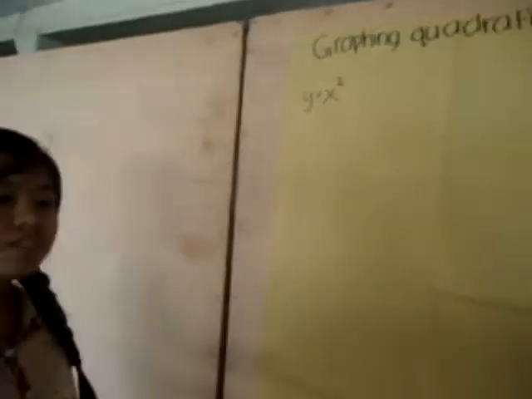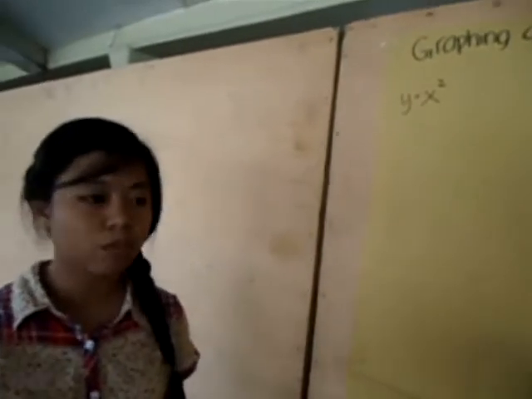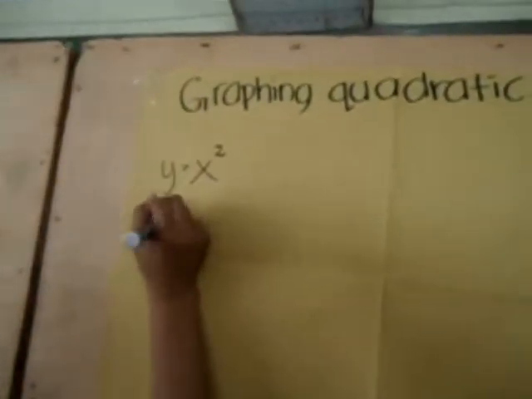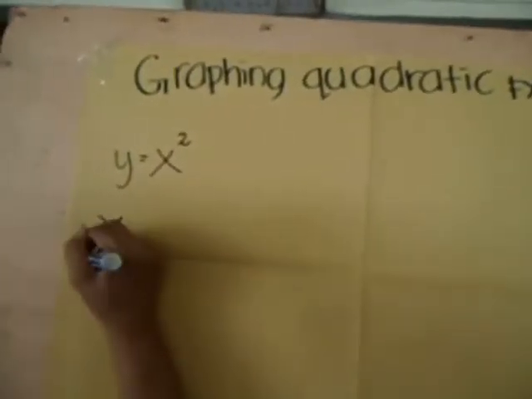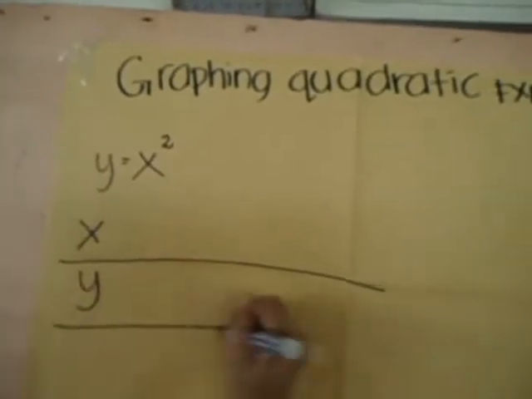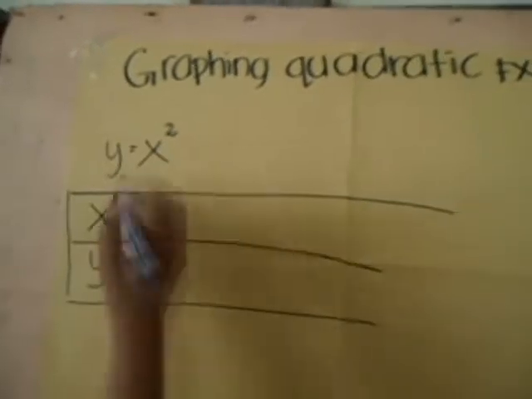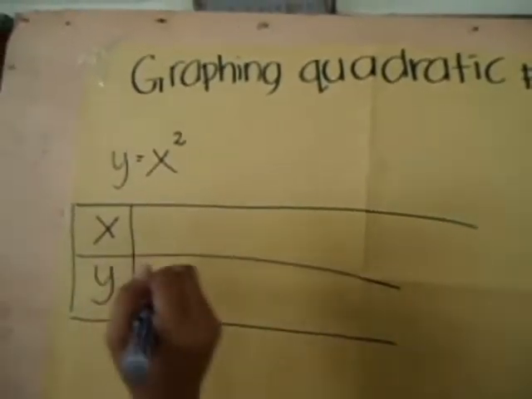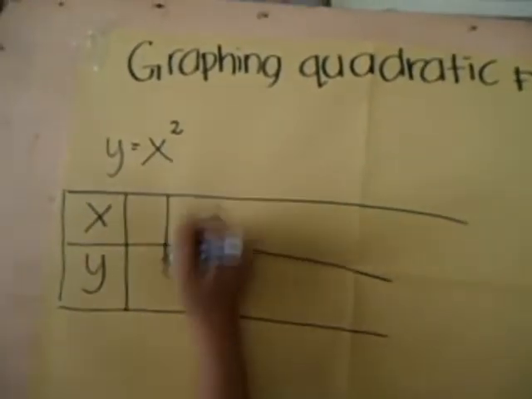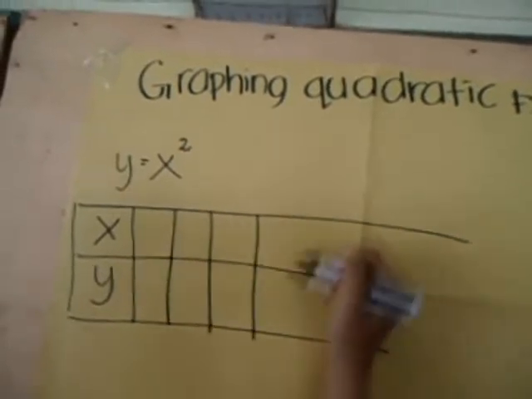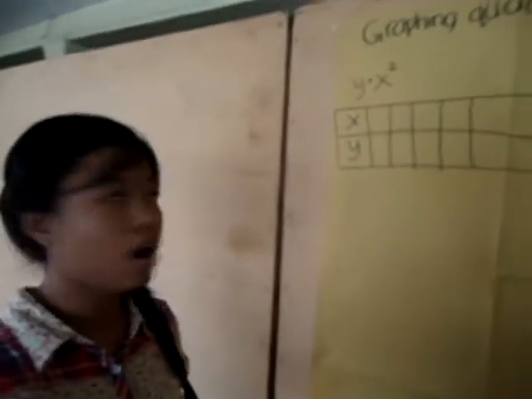First, let us construct a table of values for x and y. Now, let us assume that the vertex is 0, 0.